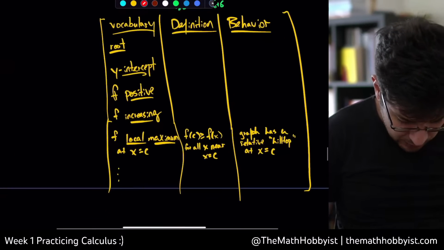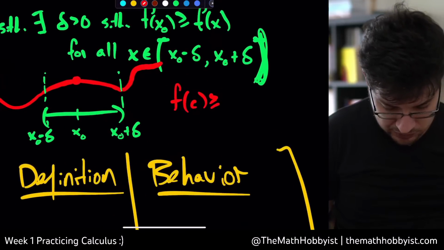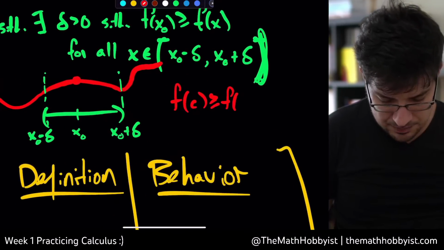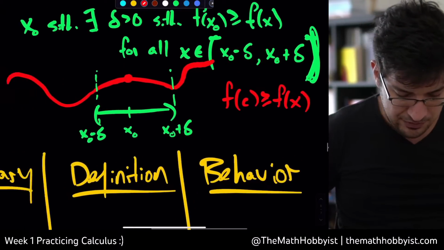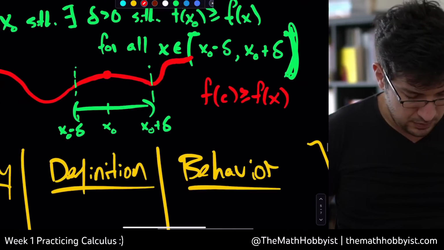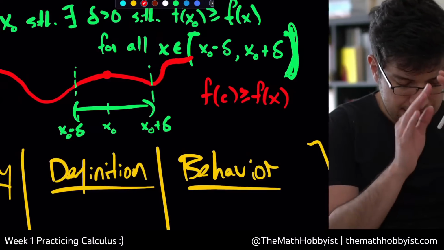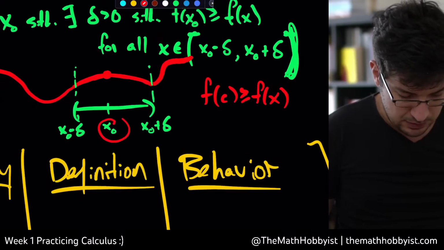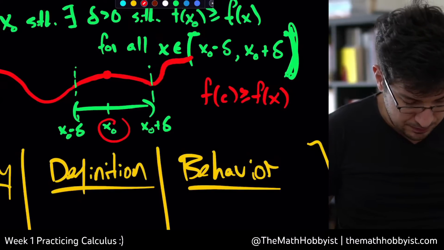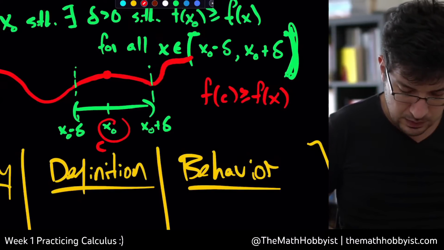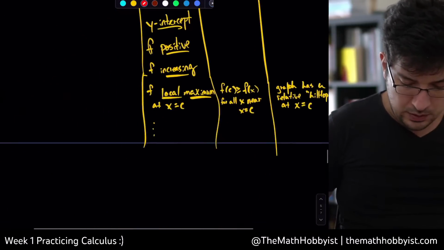Is it greater than or equal to? Yes. Okay, that was a question I was going to have. Greater than or equal to f of x for all x near that point, near the point c.